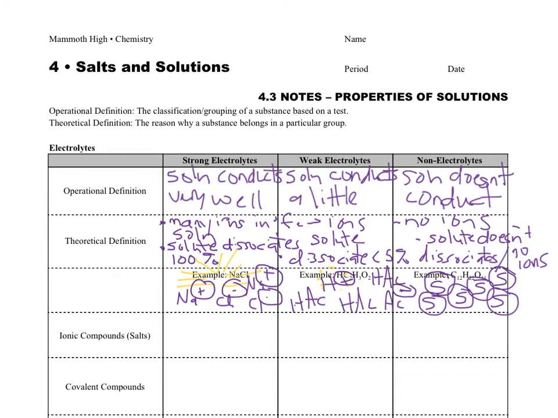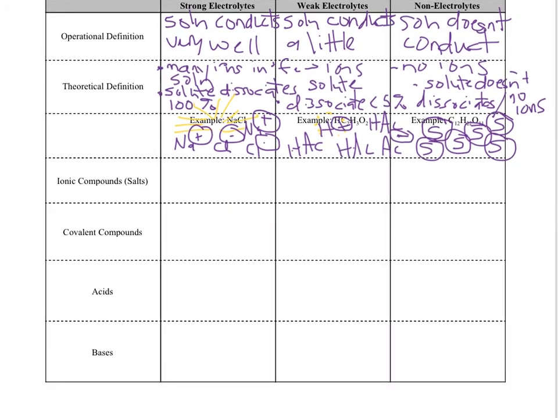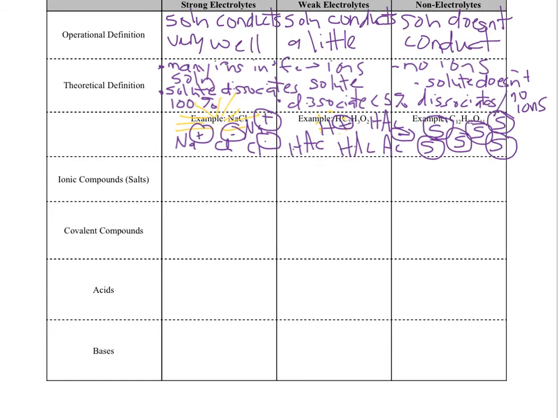Okay, so now that we know what electrolytes are and what conditions are necessary for electrolytes to exist, we're going to talk about which substances make good electrolytes, strong electrolytes, and which substances don't. Remember we talked about types of compounds: ionic, covalent, organic, and acids.